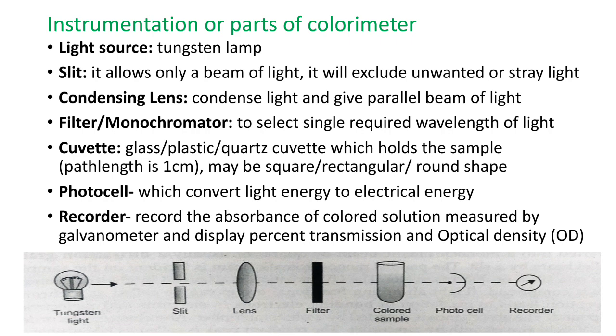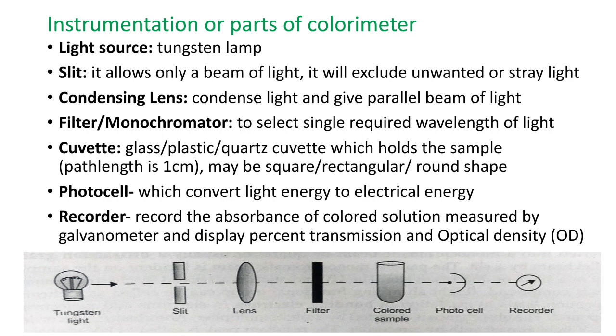For the light source, a tungsten lamp is usually used in a colorimeter. This is the slit. It allows only a single beam of light and excludes unwanted or stray light, because from the light source the light passes in different directions, but we want a single beam.